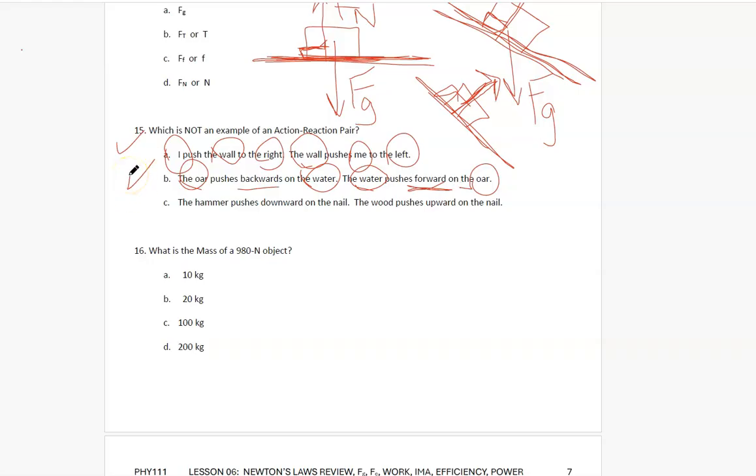Now we look at the last example. I'll do this in a different color. The hammer pushes downward on the nail. Well, the other sentence says the wood pushes upward on the nail. Well, they have to be the same two objects. If it's hammer pushes on the nail, then this has to be the nail pushes on the hammer.